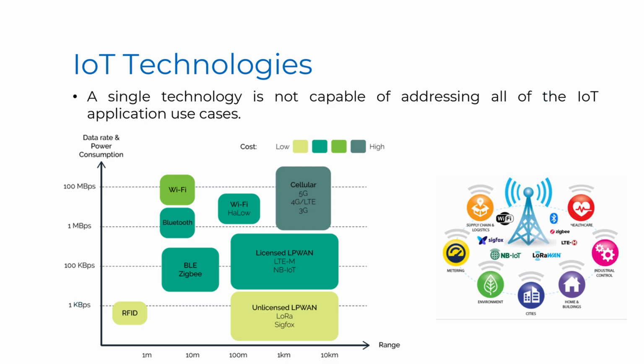And Sigfox is a global wireless communication service provider that offers a low power wide area network for IoT, and they have their own proprietary network. Here at Mobitel, we are more focused on NB-IoT.